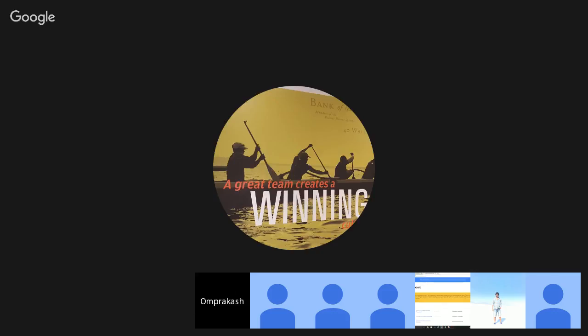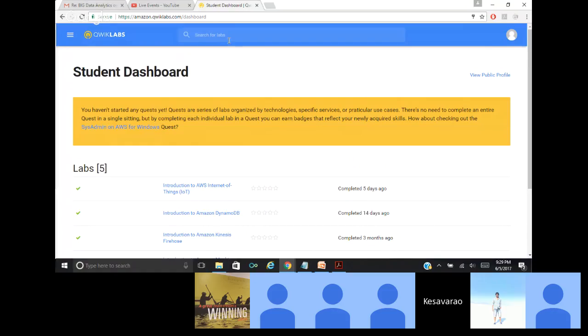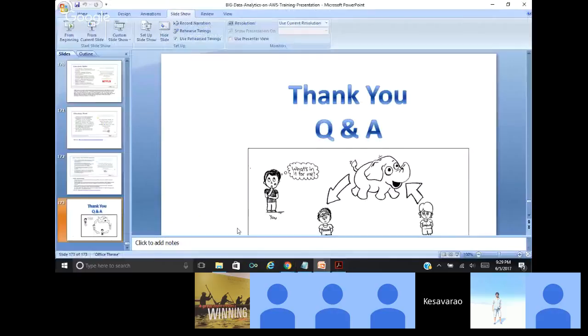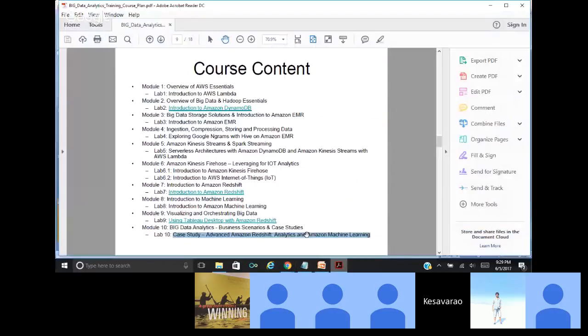One thing I want to understand: during these sessions, we covered how to use DynamoDB, how to use Kinesis, how to use Redshift. We covered all those examples. Yes, everything, actually. So basically, we know how to use Lambda functions, DynamoDB, and Amazon EMR.